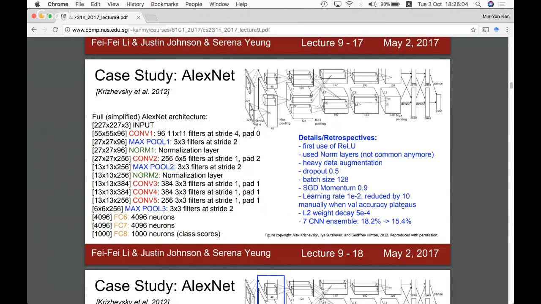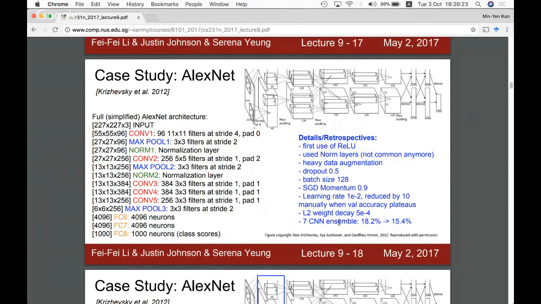It means when the validation accuracy stops improving, the learning rate is reduced by 10 times.